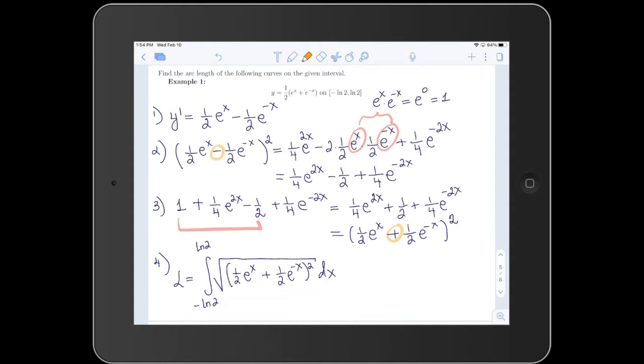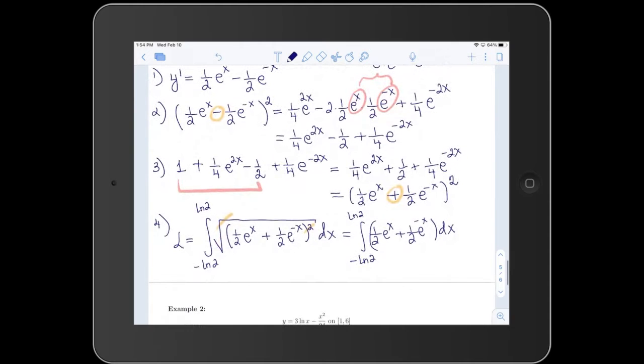Okay, you will notice that square and square root cancel out. And now we have a nice, easy function to work with. So that's 1/2 e^x plus 1/2 e^(−x) dx. Okay, this one is easy to integrate.